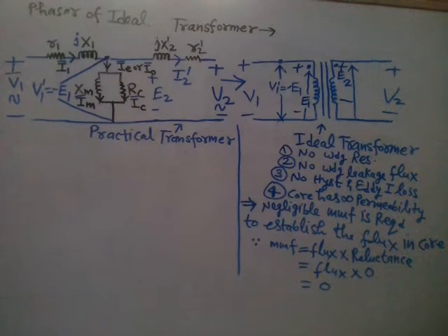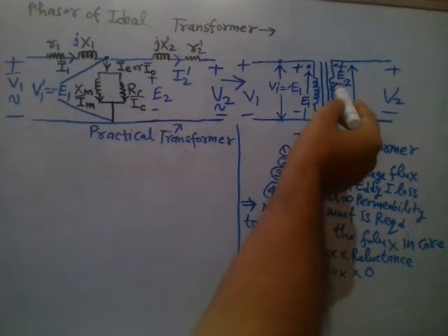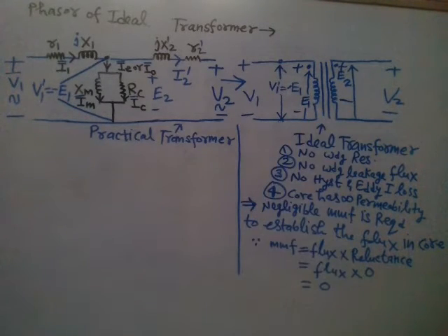Now how do we draw the phasor diagram of the ideal transformer? Have a look. In this circuit you have only an ideal inductor with zero resistance.